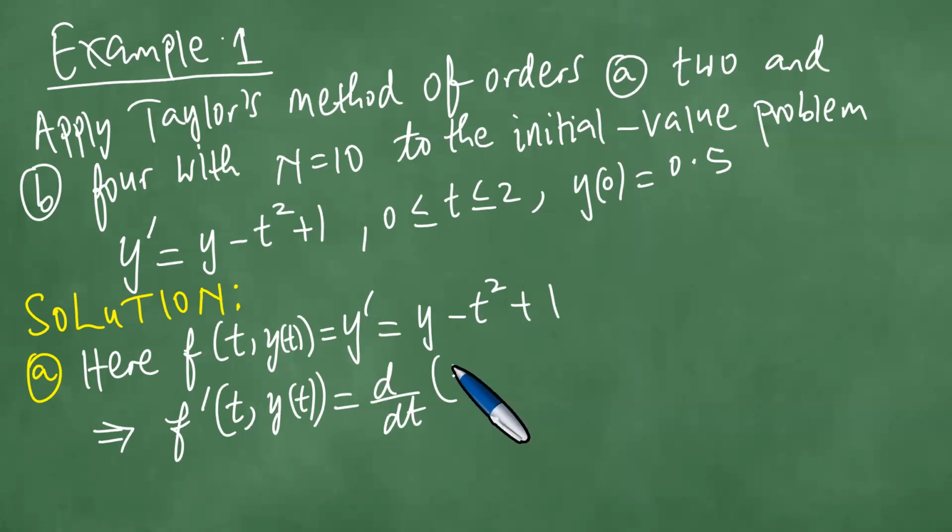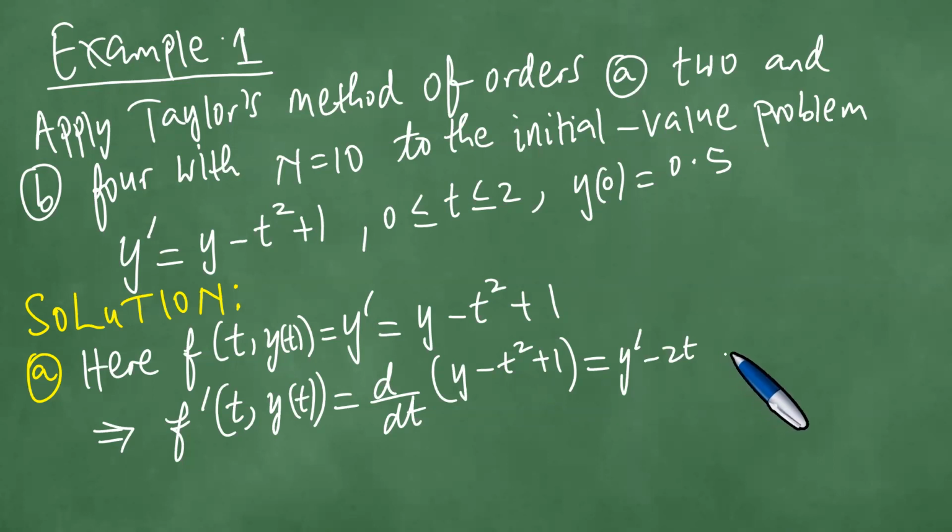So differentiate this one, t squared plus 1. What is this? If you differentiate now, this one is y primed minus 2t.